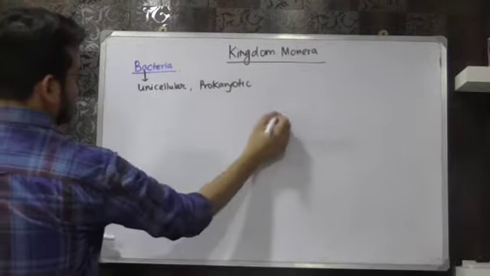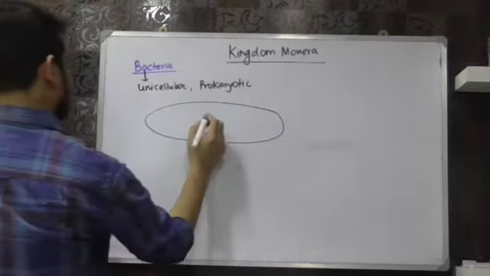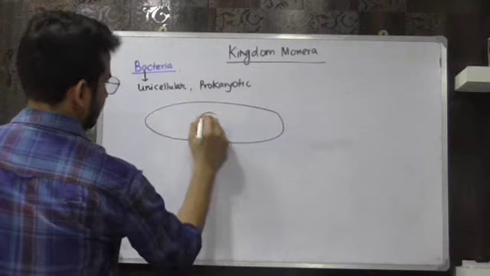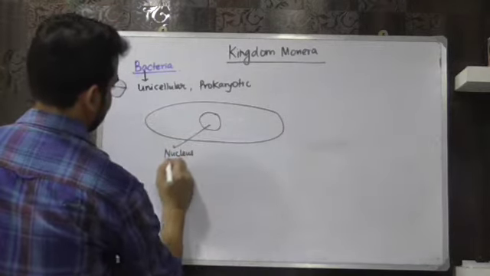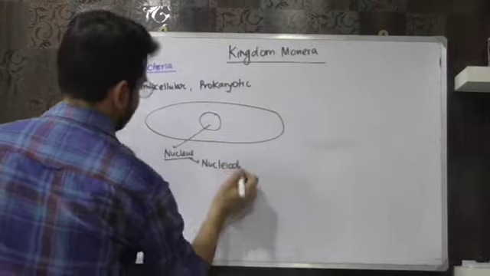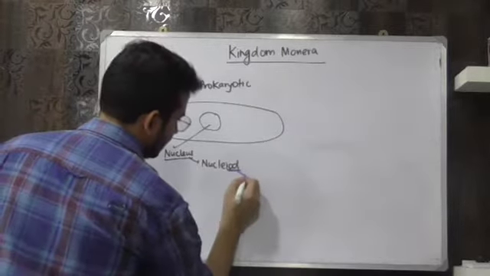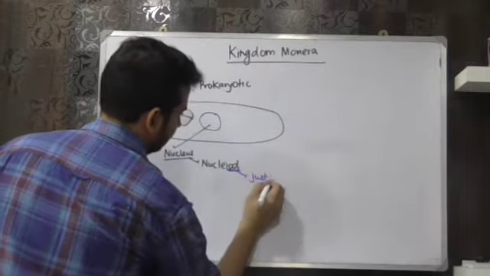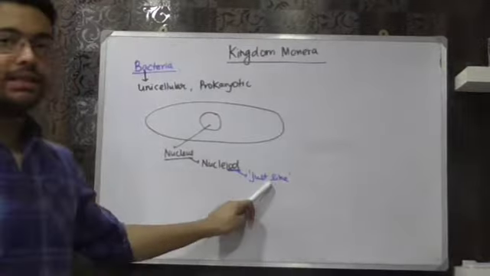Bacteria look like this. If I draw a bacteria, you can see that there is a nucleus. Actually this nucleus is specifically called nucleoid. Okay, nucleoid. Why is it called nucleoid? Because oid means just like. It is not exactly the nucleus, it is like the nucleus.